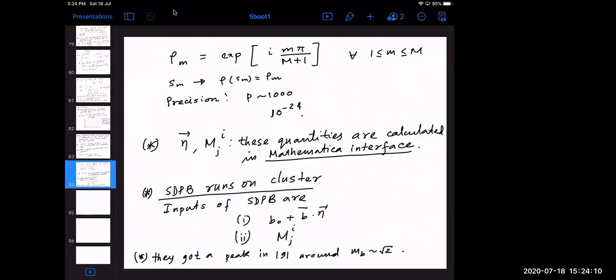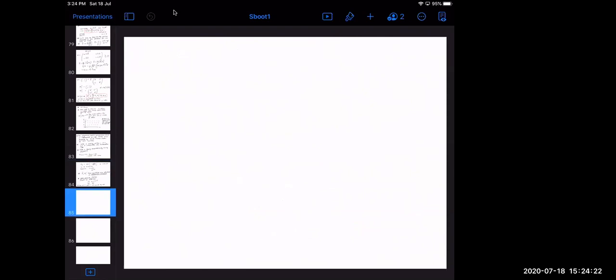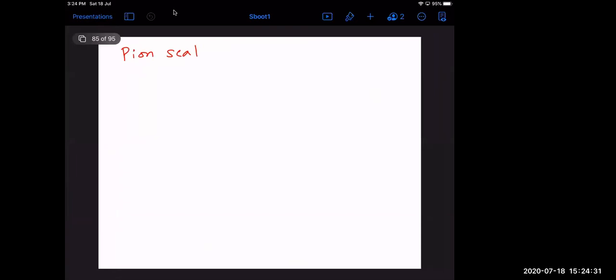It is a very less cited paper, but it is there. So for example, let me just write down: pion scattering has also been explored.